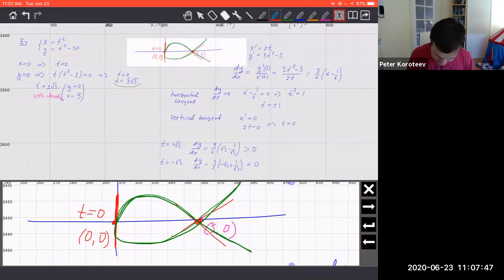So we just evaluated the value of the tangent, and then we move along the curve like this. First we arrive at this point at value t equal to minus square root 3. And then we keep traveling upwards until we reach this point t equals minus 1, where the tangent is horizontal.